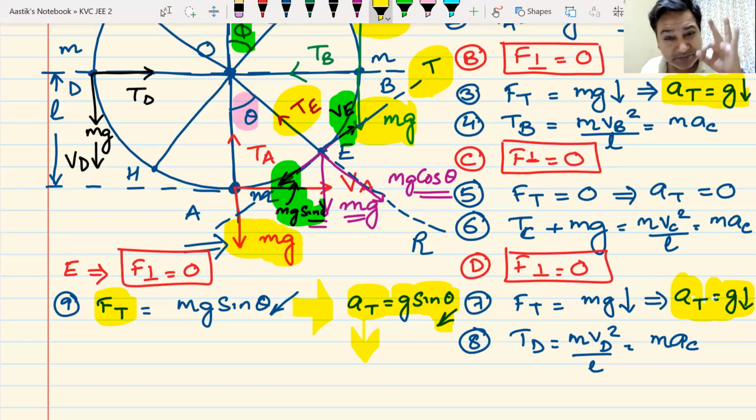Yes, it changes the magnitude of velocity. That means it changes speed. It can either increase speed or it can decrease speed. What it is doing right now, is it increasing speed or is it decreasing speed?